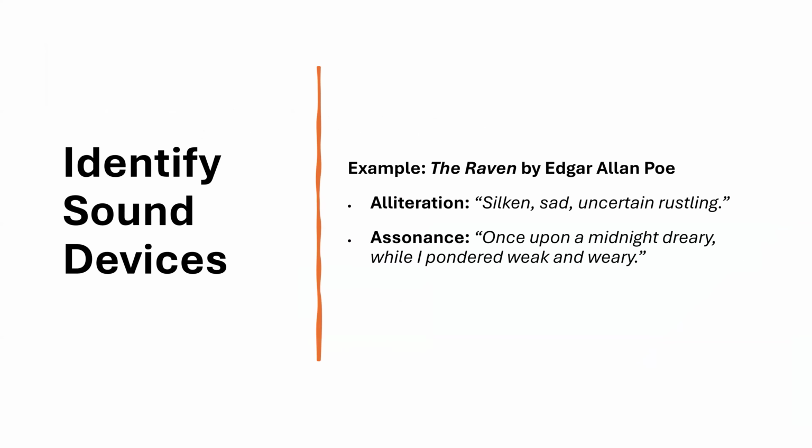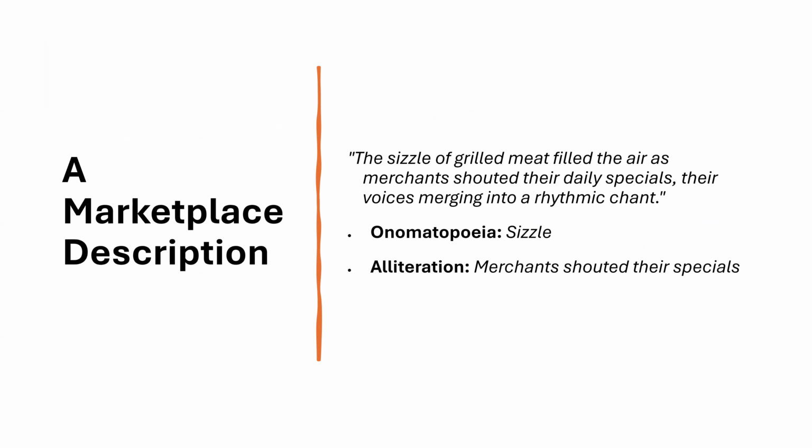And then when we identify sound devices, for example in The Raven by Edgar Allan Poe, the alliteration there was silken, sad, and certain rustling. And then there's assonance there that said, once upon a midnight dreary, I pondered weak and weary. So you can see the rhyming happening there.